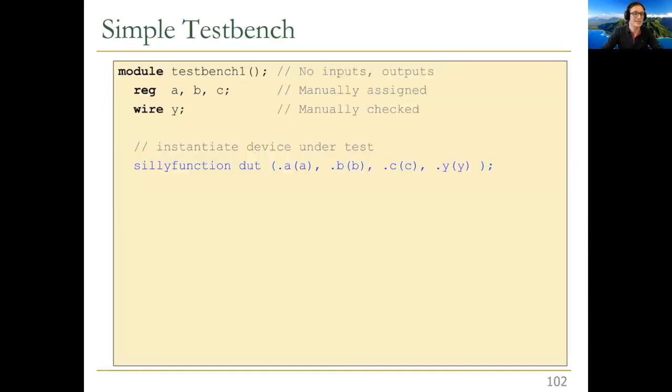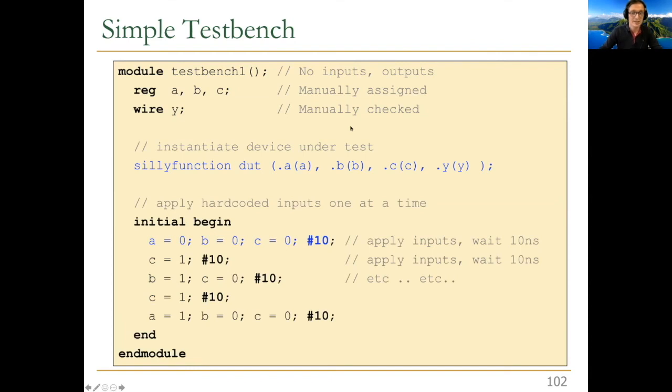So let's take a look at our simple test bench. So we instantiate our silly function, and you saw the Verilog implementation of it earlier. And this is the test bench module, as you can see. And we have some registers and wires that are manually assigned. So this is going to be our manual test bench soon. And basically, we have an initial begin section, and then we apply hard-coded inputs one at a time. Initially, we apply A, B, C, all zeros, and then wait for 10 nanoseconds. And then we change C to 1, wait for 10 nanoseconds.